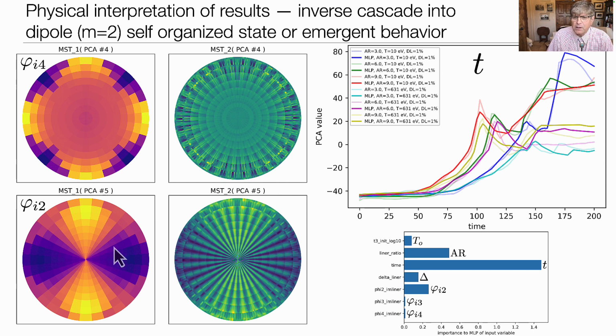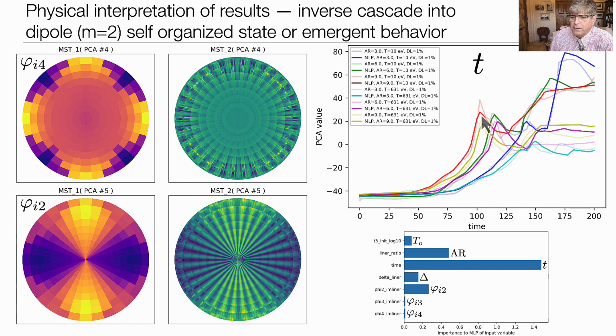Now let's take a little bit closer look here in the upper left-hand corner at the detailed evolution of the first principal component. Shown in the light curve is the simulation. In the dark curve is the surrogate.